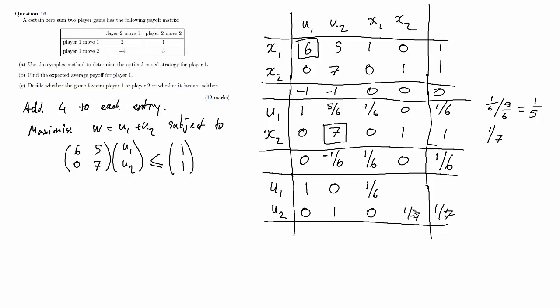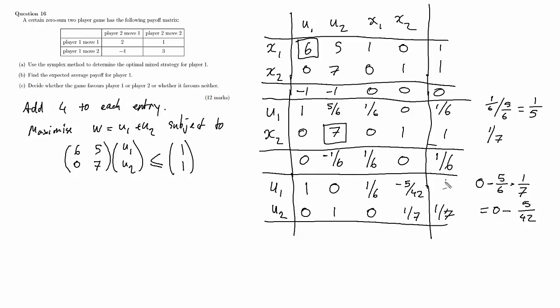0 minus 5 on 6 times 1 on 7. Let's calculate that off to the side. 0 minus 5 on 6 times 1 on 7 is 0 minus 5 on 42, which is minus 5 on 42, which is what we get in that row.